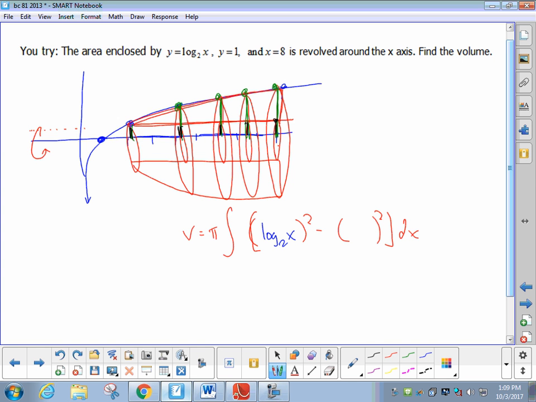Inner radius, which I have in black, seems like it's always 1. The limits of integration, are they 1 to 8 or something else? 2 to 8. Because you don't start getting closure until you get to y equal 1, and when y equals 1, x must be 2, so it's 2 to 8.